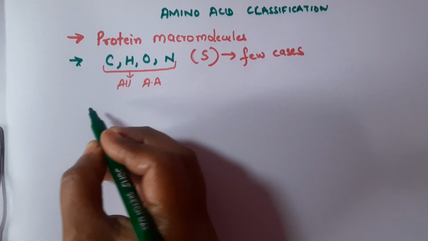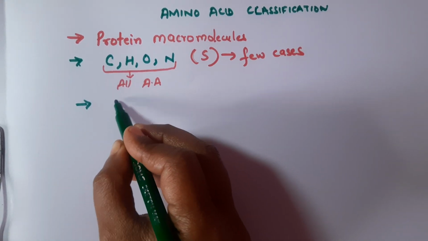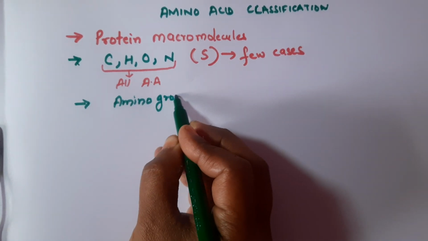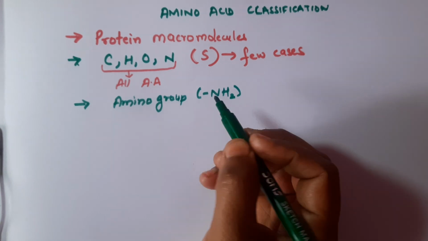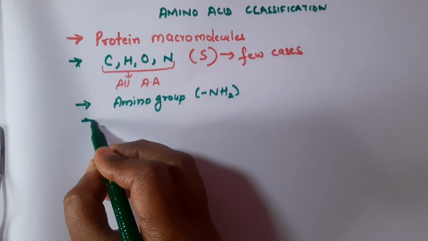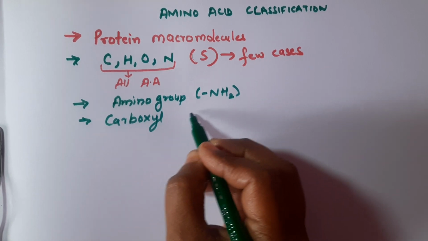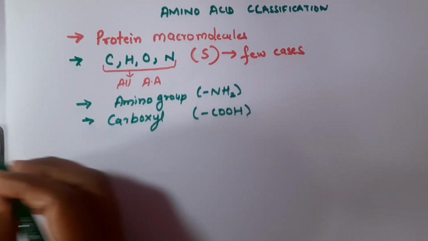So basically the amino acid, they consist of an amino group, that is NH2. Then they have the carboxyl group, that is written as COOH.